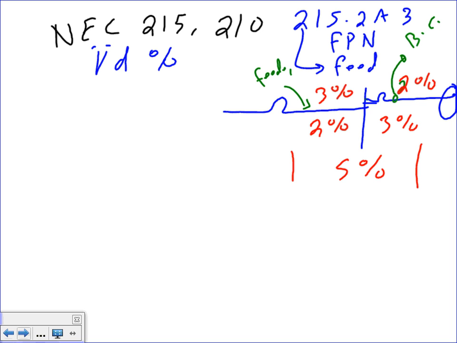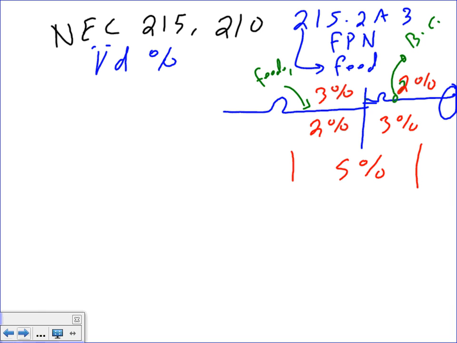I'm not seeing that. I don't see a 215.2. It's in the fine print. If you read, you have to interpret the 3%. It says no more than 3, and both of them together no more than 5. So how are you going to do it? 3 and 5. So one of them has to be 2 and the other has to be 3.